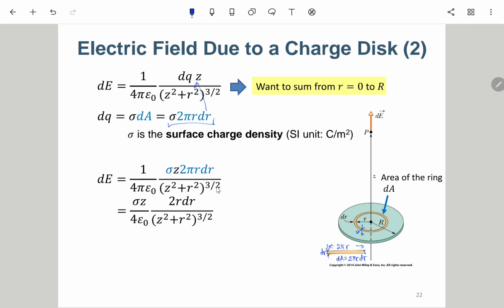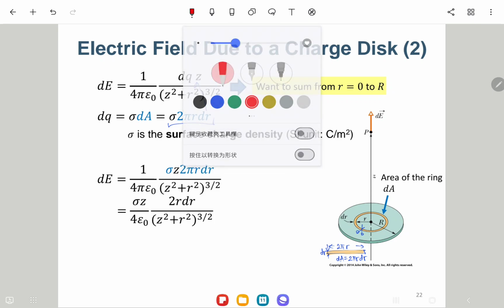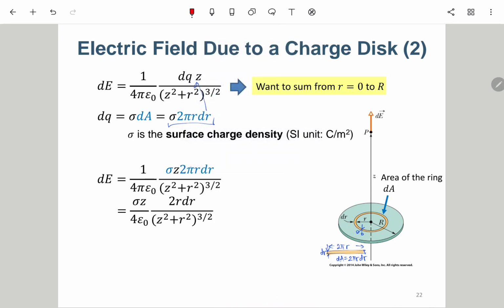Then we can do some cancellation: we can cancel this pi with this pi, and we put sigma z in the front, over 4 epsilon naught. So here we have 2r dr, and then we also have this term here.